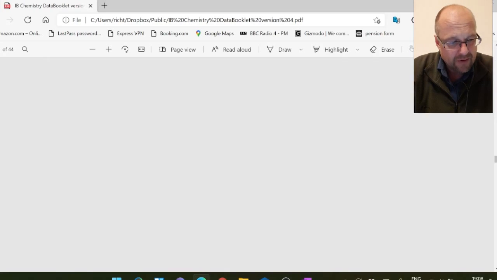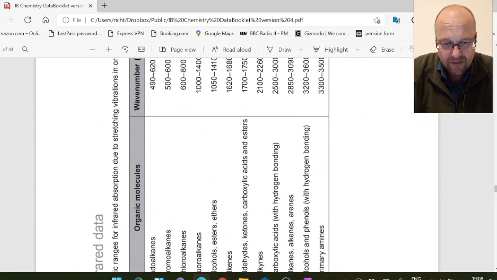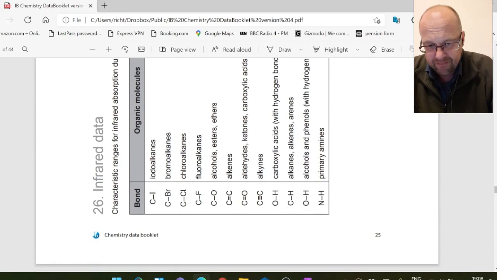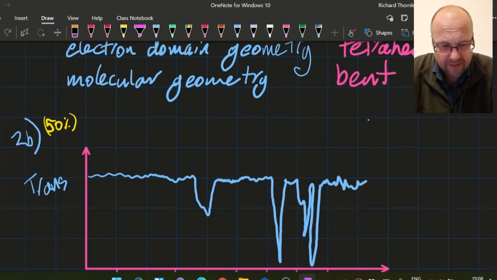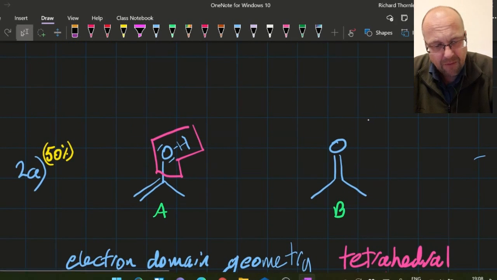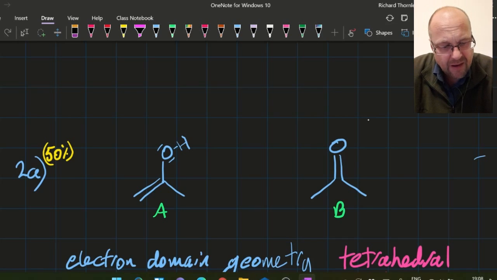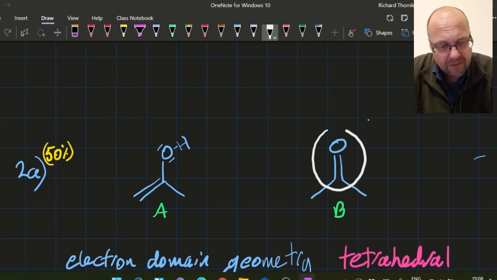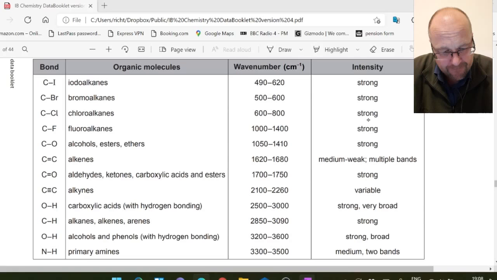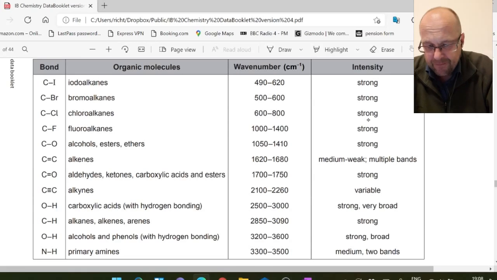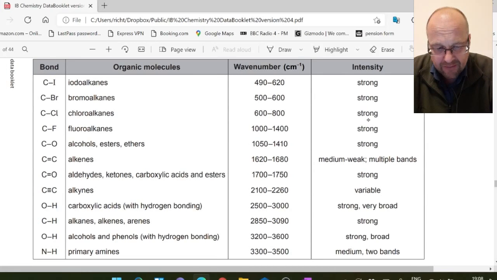so let's check the data booklet, zoom down to infrared, and hopefully it's just checking stuff out. Alrighty, so let's pick molecule B. What looks distinctive in B that isn't in A? A carbon-oxygen double bond. Let's see if we can find that. Yep, carbon-oxygen double bond, and that's going to be at 1700 to 1750.